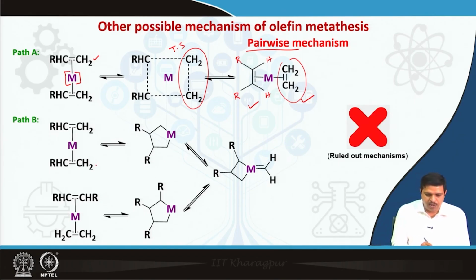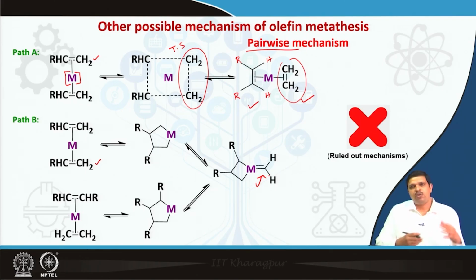Here you will see that this one can form the metallocyclopentane, and through this one it then forms a metal-carbene complex. Both cases are pairwise because the two alkenes are coordinated to the metal center and form an intermediate.